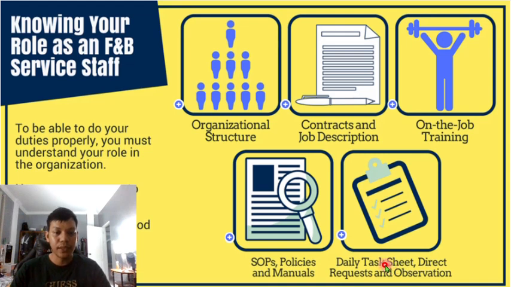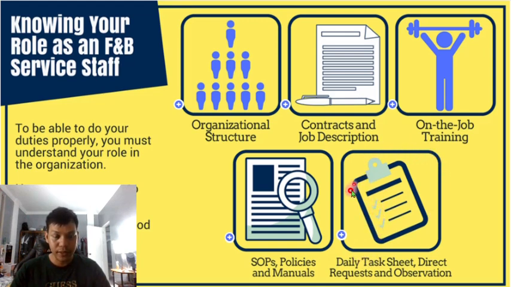So the supervisor will give you the daily task sheet. So that is your goal, that is your mission on that specific day. You need to accomplish your duties on that particular day. That is your daily task sheet. It is a sheet of paper indicating your task on that specific day. So you need to accomplish that one.